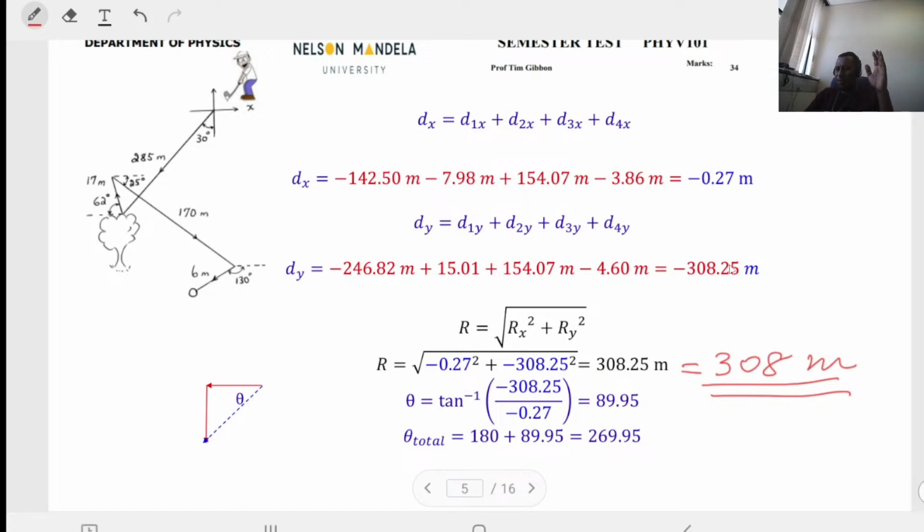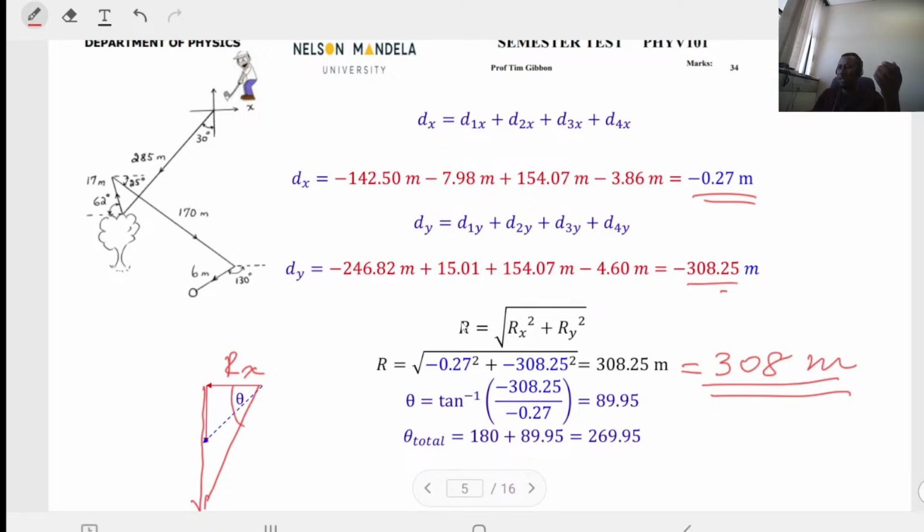Oh, by the way, if I'm rushing, please stop me. You add up all of the x components, you add up all of the y components, you put them under the square root. This is the resultant vector. This is Rx, negative, because it's in the negative direction. Ry is also negative, but the drawing is not good. The drawing is supposed to go down in such a way that this angle is actually big.